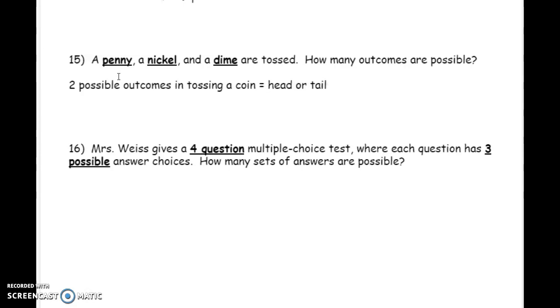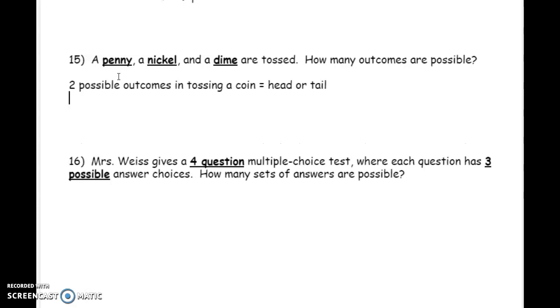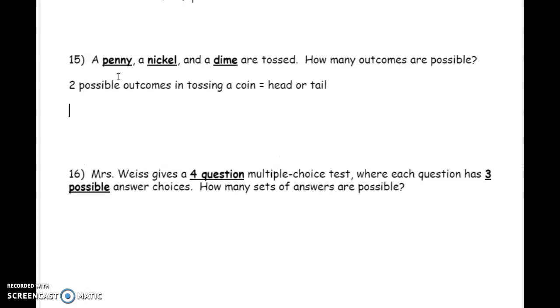Now we have 3 coins that we are tossing. So we have 2 outcomes for the penny, times 2 outcomes, either the head or the tail, for the nickel, times 2 outcomes for the dime. So 2 times 2 is 4, times 2 is 8 possible outcomes.